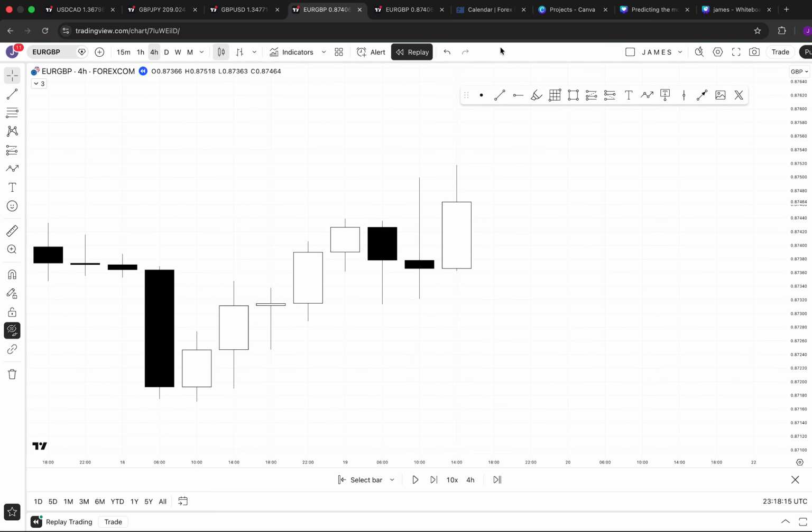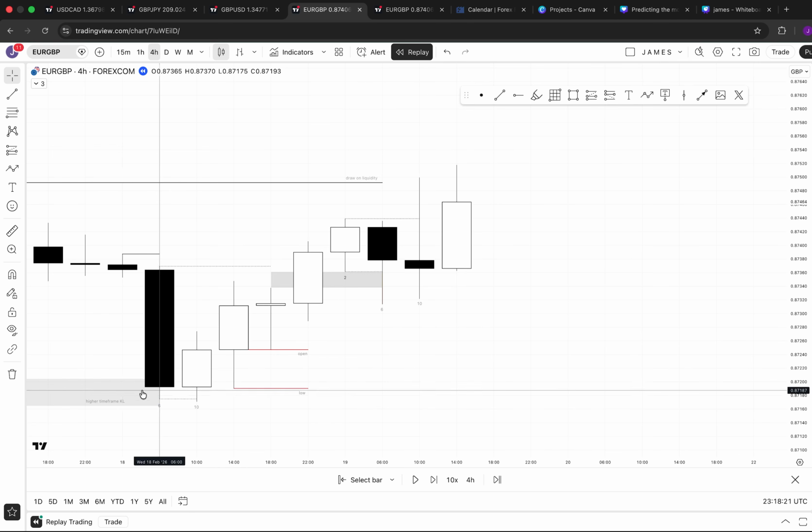Next example, euro pound on the 4-hour time frame. So we've got internal liquidity, so higher time frame key level, 6 a.m. So as I mentioned before, 2, 6, 10. In this example, the 2 a.m. candle doesn't do anything, and then we get the 6 a.m. that trades into the liquidity.